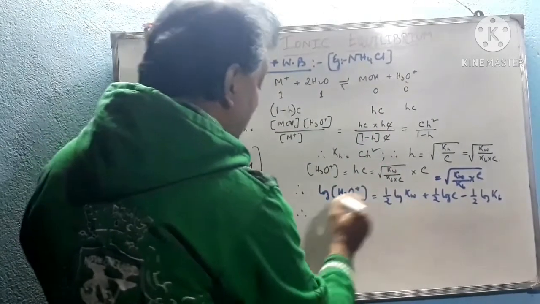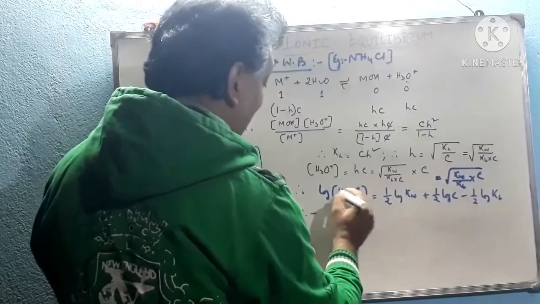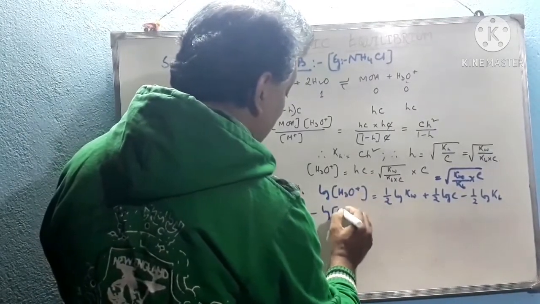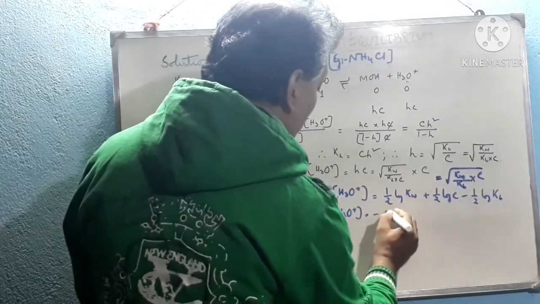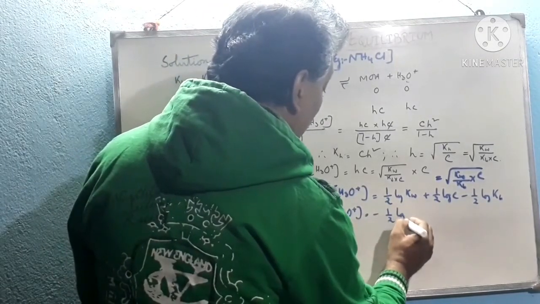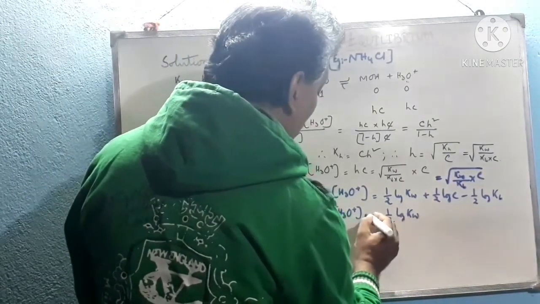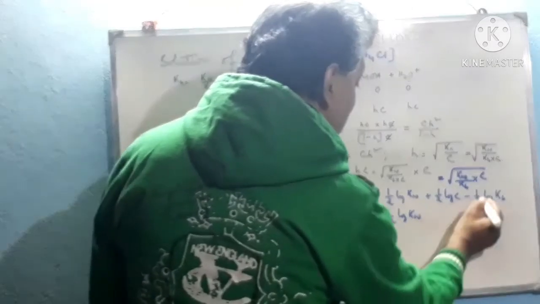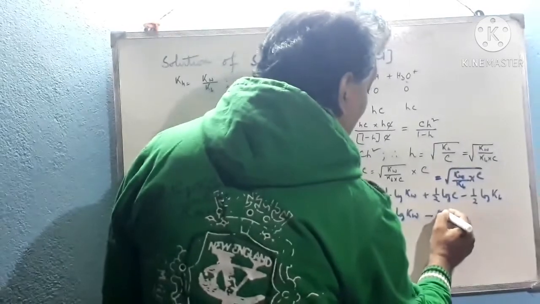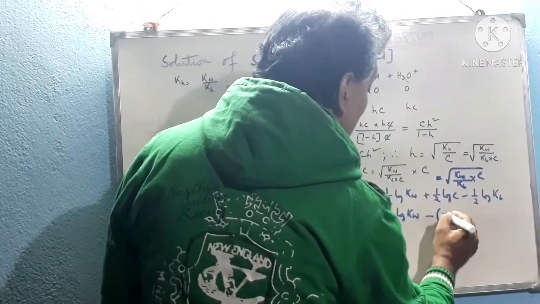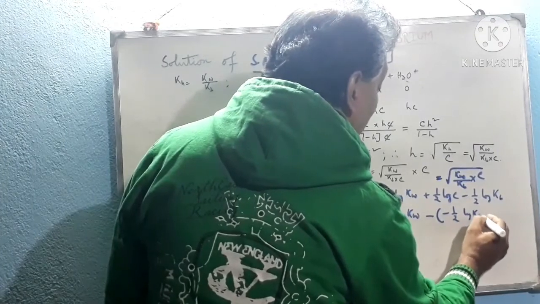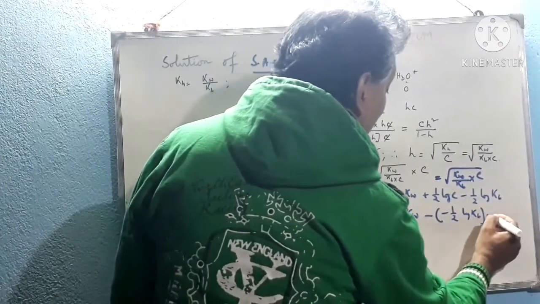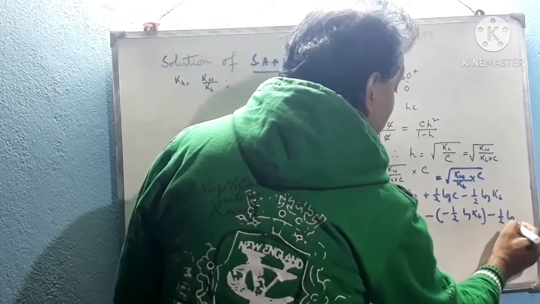Now taking minus sign in both sides, minus log of H3O plus is equal to minus half log Kw, minus of minus half log Kb, and this will be also minus half log C.